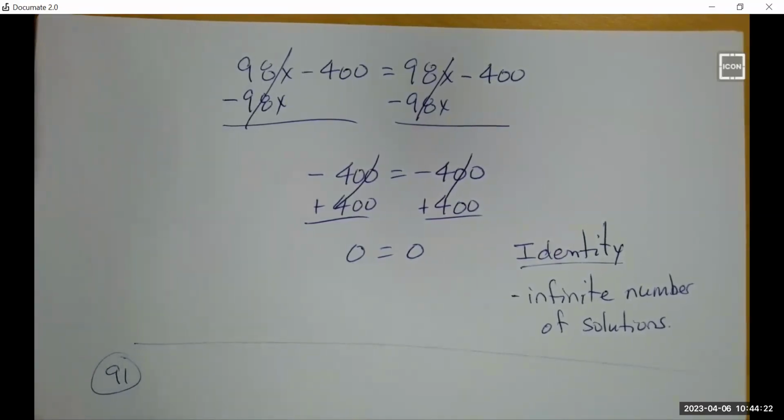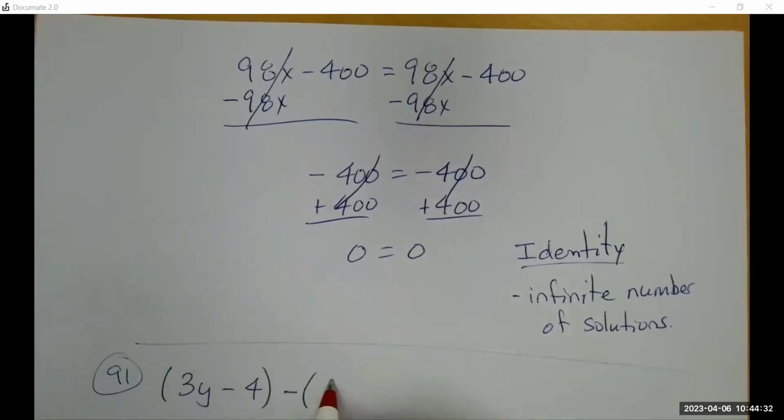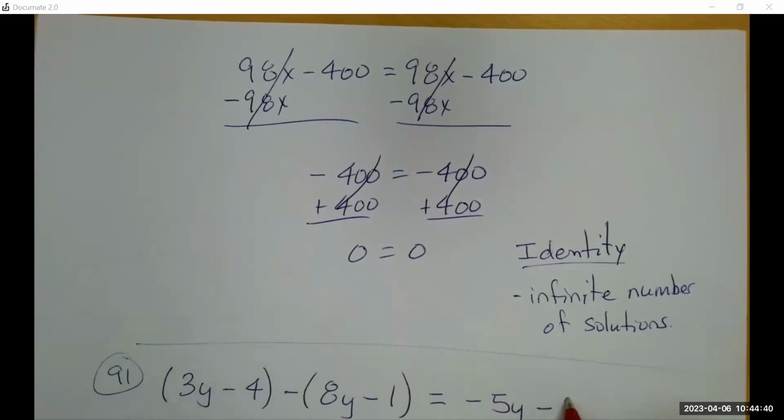Number 91. Three y minus 4, close parenthesis, minus 8y minus 1, close parenthesis, equals negative 5y minus 3.